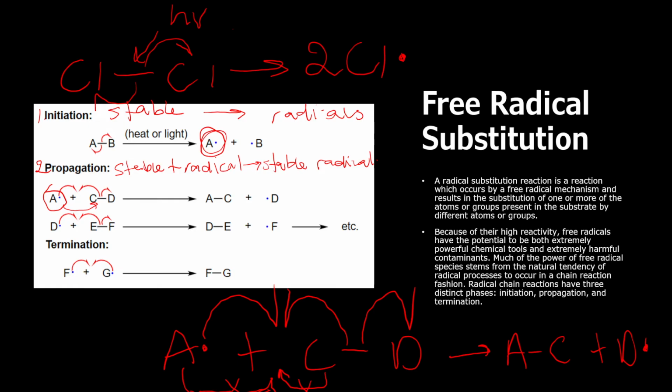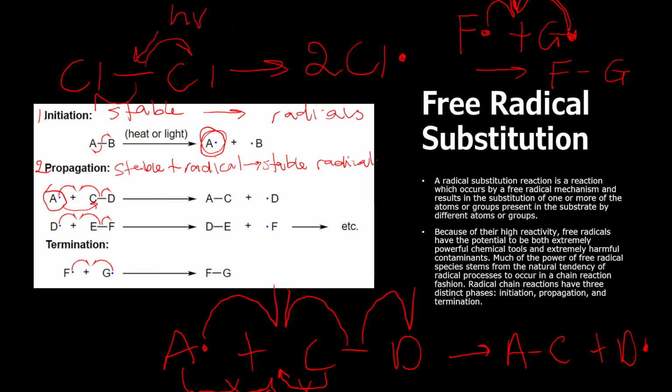Termination now. Let's say that two radicals meet up, so F radical and G radical from the diagram here. F donates its electron and G donates its electron, and these electrons meet up to create F–G.